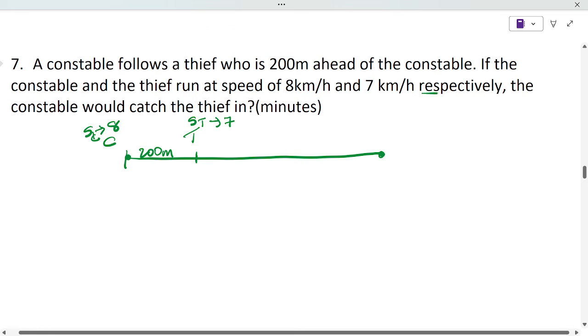This word respectively is very important. Because of this word, we can say that the constable runs at 8 km per hour and the thief at 7 km per hour.